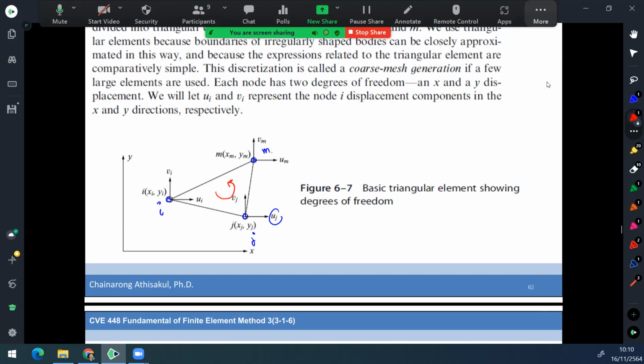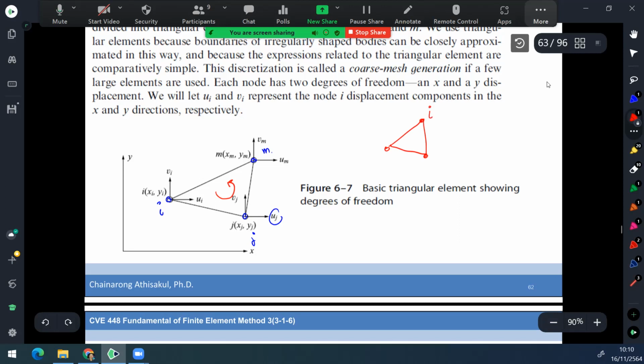The numbering should be in counterclockwise sequence. So that means for this triangular shape, if you define this node as node I, then this should be node J, and this should be node M. It should be in counterclockwise direction.